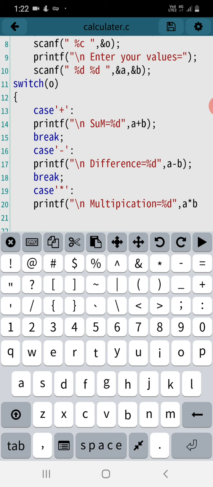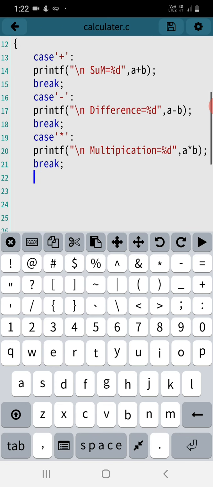This is my condition that I have given. Break, semicolon.